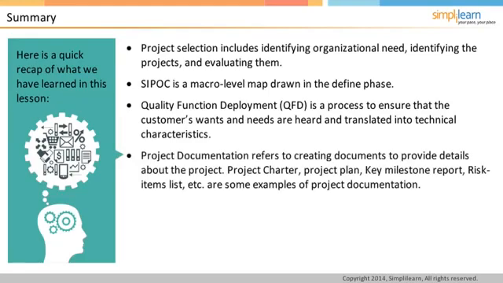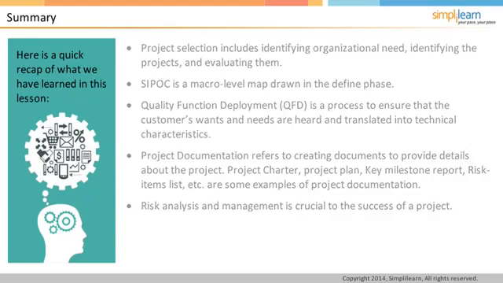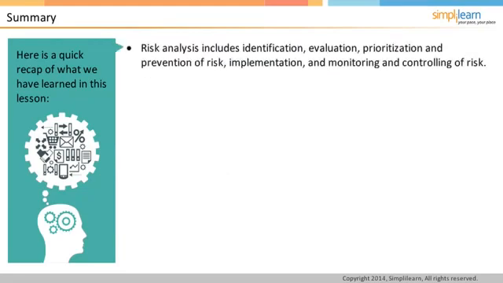Project charter, project plan, key milestone report, and risk items list are some examples of project documentation. Risk analysis and management is crucial to the success of a project. Risk analysis includes identification, evaluation, prioritization, and prevention of risk, implementation, and monitoring and controlling of risk.